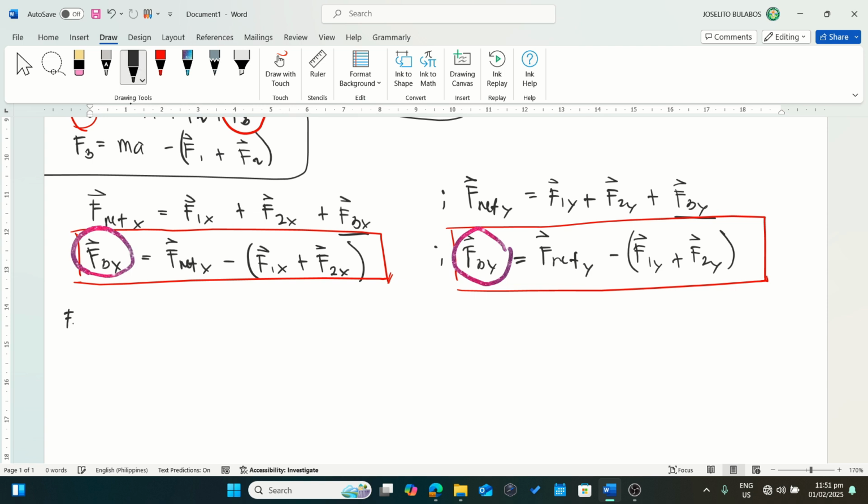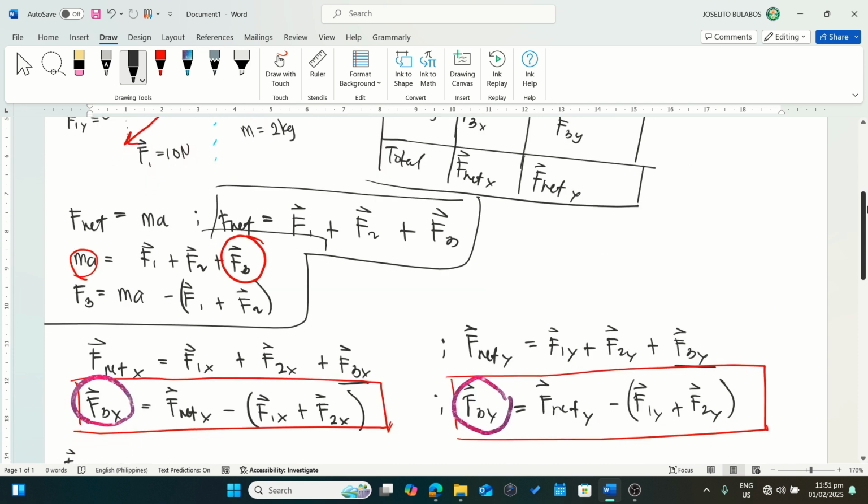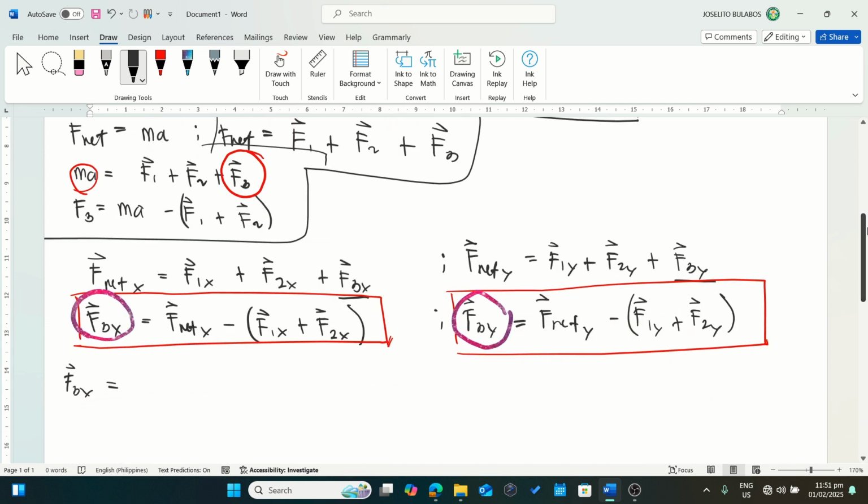Solve for F3X and F3Y. So for our F3X, our F net is the X component of, since F net equals ma, so our F net X must be m cos 50 times a, minus our F1.